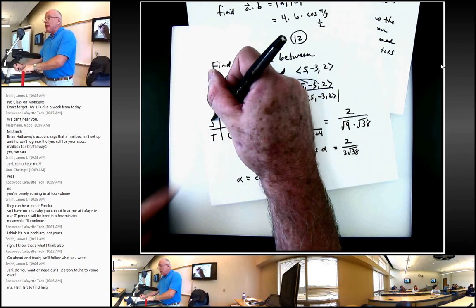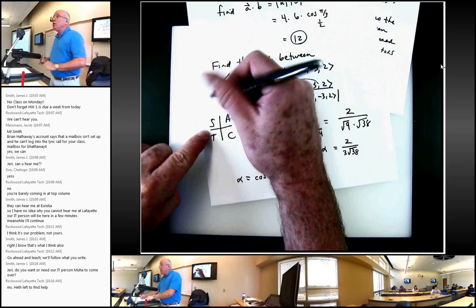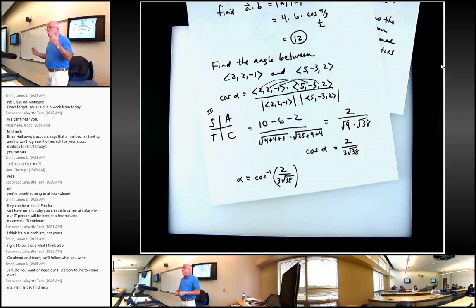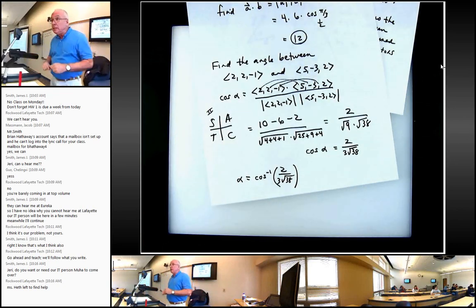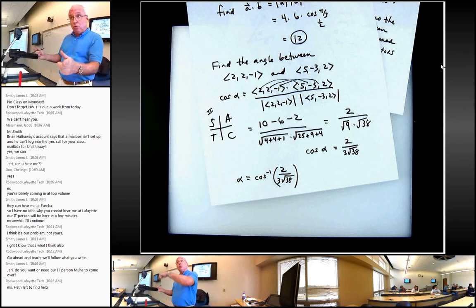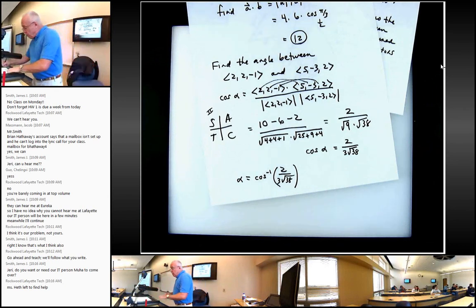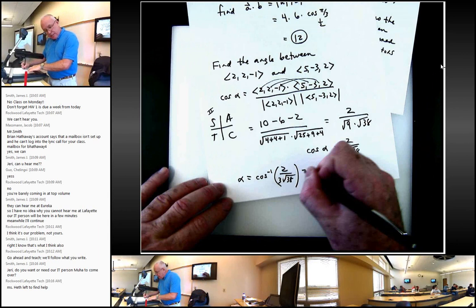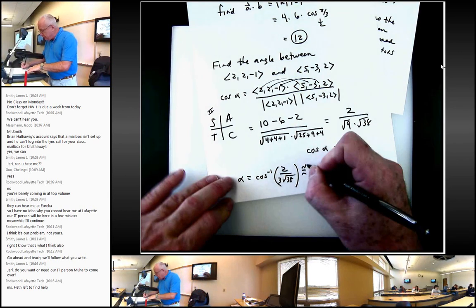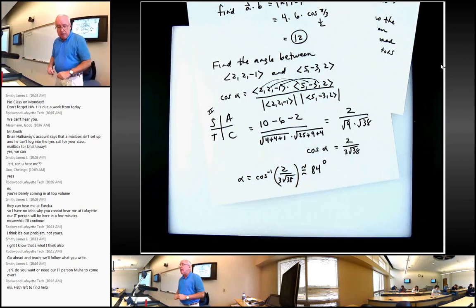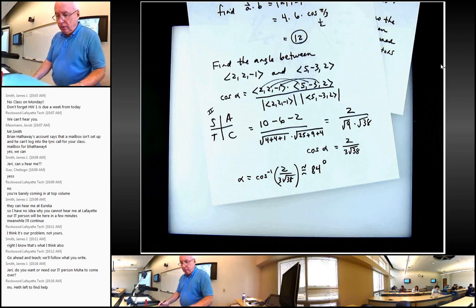So in the second quadrant, the cosine has negative values. That's why it's the first and second quadrant, which is 0 to pi, or 180 degrees. So anyway, you work this out on your calculator, and it's approximately 84 degrees. That is our angle. Okay.